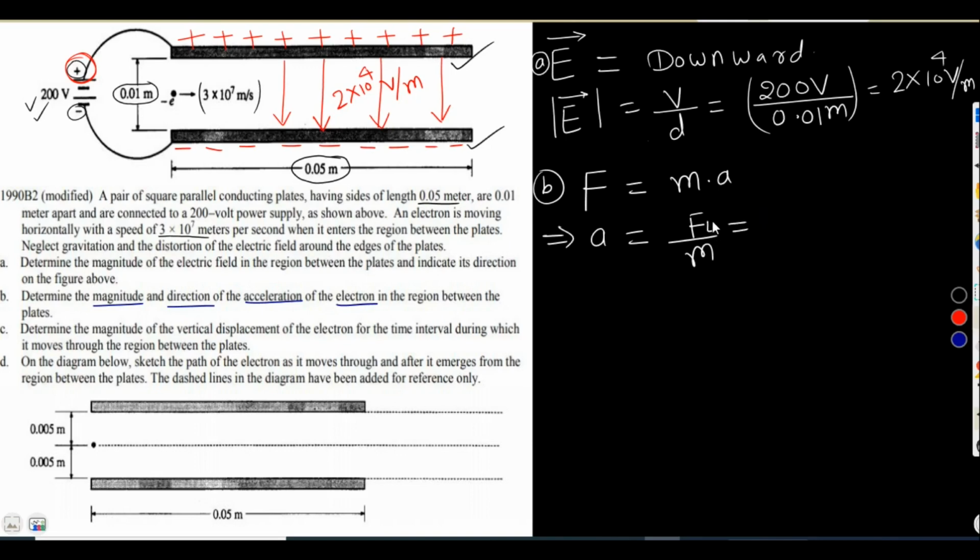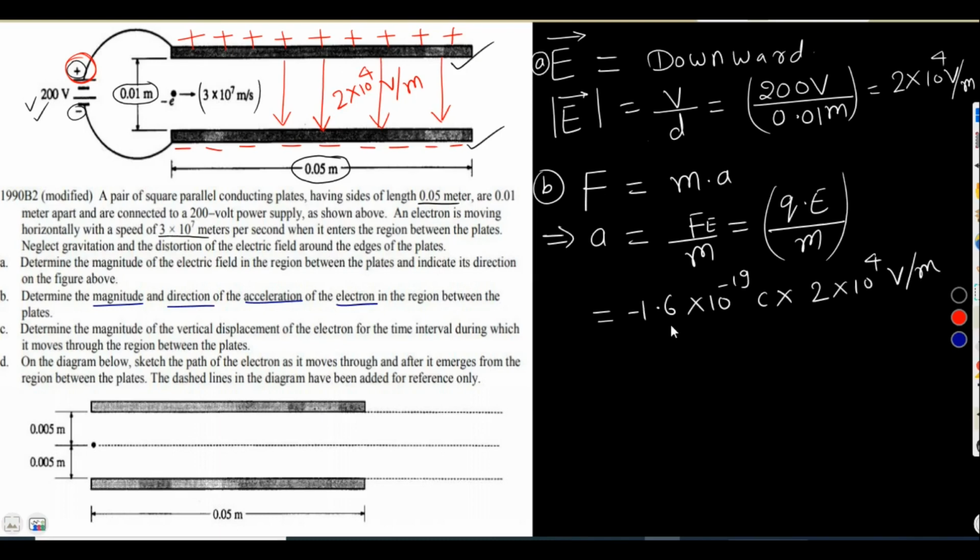What will be the force? There is an electric force, and the acceleration is Q into E divided by m. We know the value of Q, that is minus 1.6 into 10 raised to power minus 19 coulomb, the electric field, 2 into 10 raised to power 4 volt per meter, and the mass of the electron, 9.1 into 10 raised to power minus 31 kg.